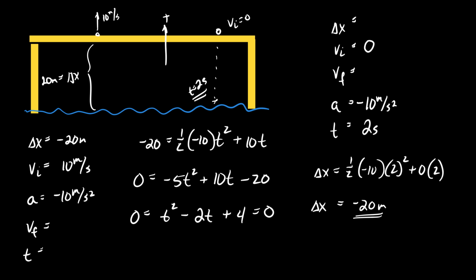Well, are there two factors of 4 that I can use such that they'll multiply together to give me 4 and add together to give me 2? I mean, my options are 1 and 4 and 2 and 2, right? So I just don't think I have the right combination, do you? So I guess we got one choice, quadratic formula.